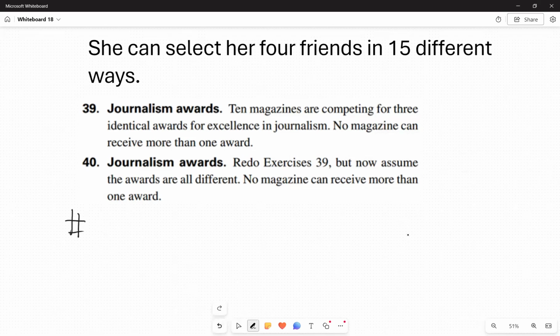In number 39, if the awards are identical, the order doesn't matter. As long as they select 3 different magazines to give the awards, it doesn't matter which one they selected first, they look the same. So order is not important.